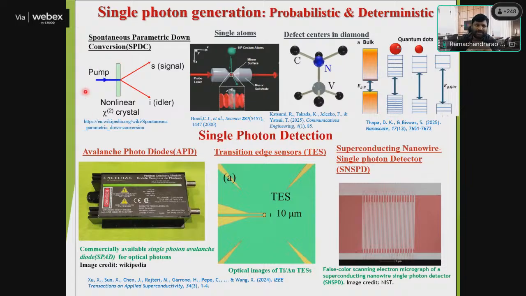But this process is mostly probabilistic. The probability of generating a single photon in signal and idler is very small, on the order of 10 raised to the power of -3 to -5. Such low efficiency. So how do we generate deterministically?